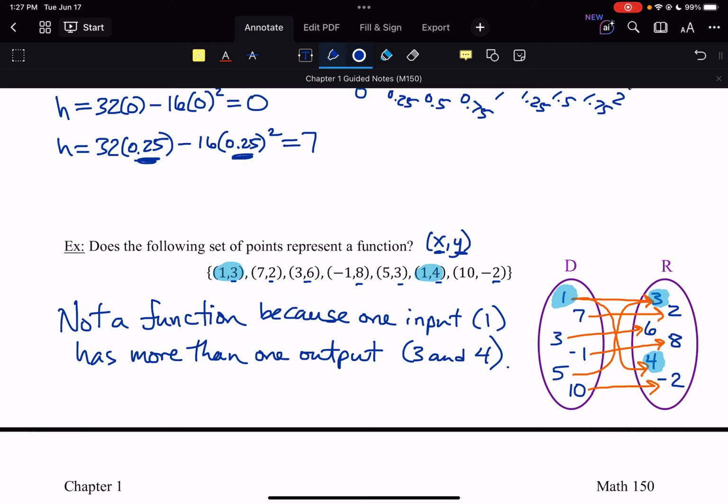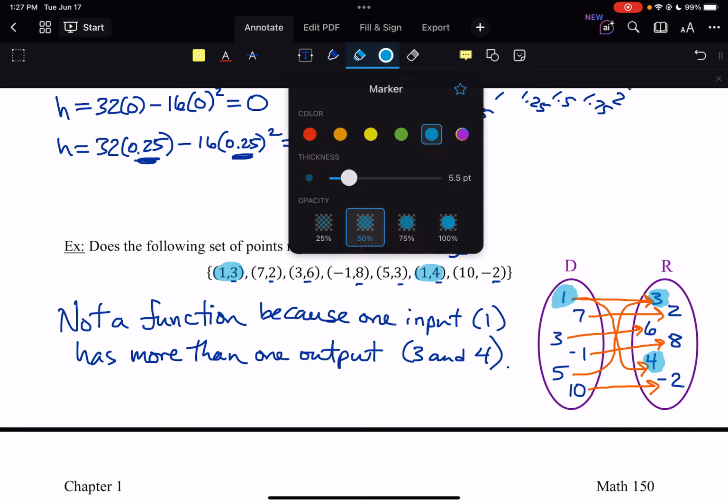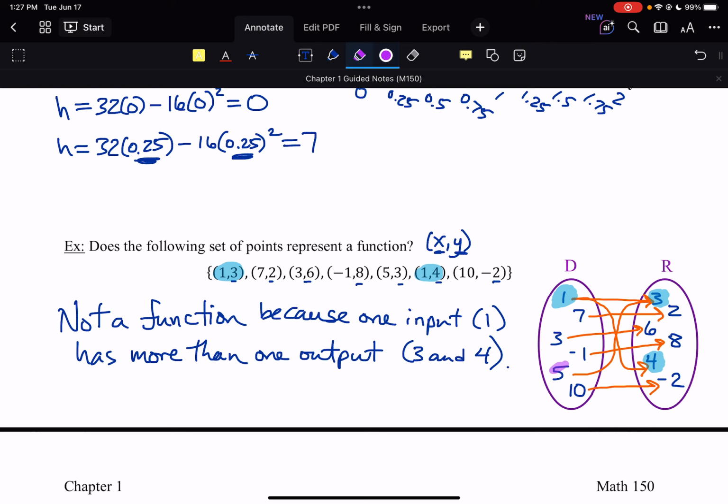One thing I do want to point out here, because this is usually a question that comes up, is the fact that both 1 and 5 go to 3. And I want to make it clear that different inputs can go to the same output. That's not really a problem. The problem is if one input is getting split into 2 different outputs.